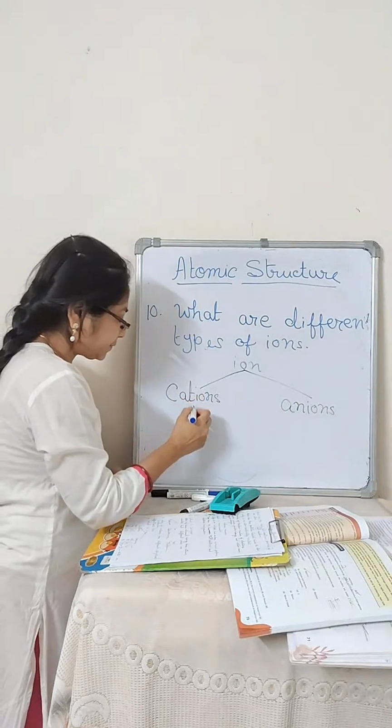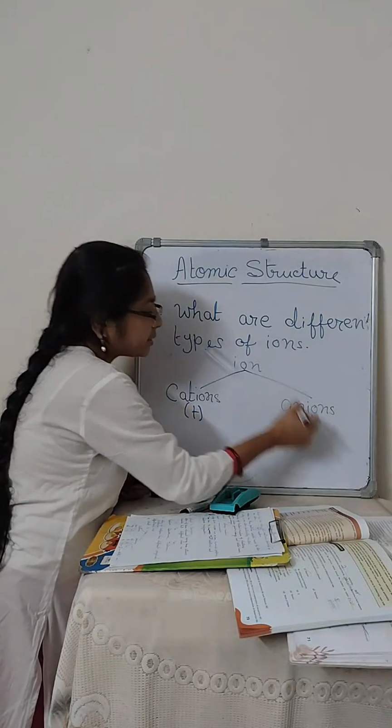Cation means positive charge, anion means negative charge.